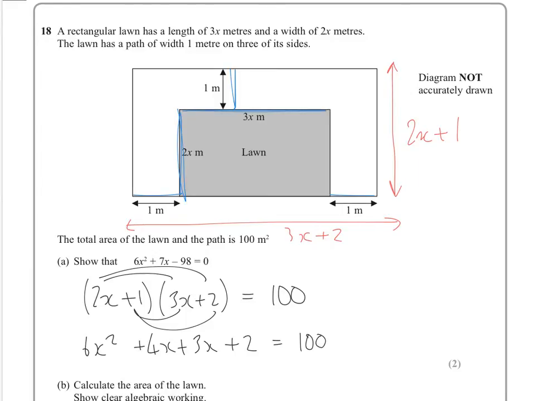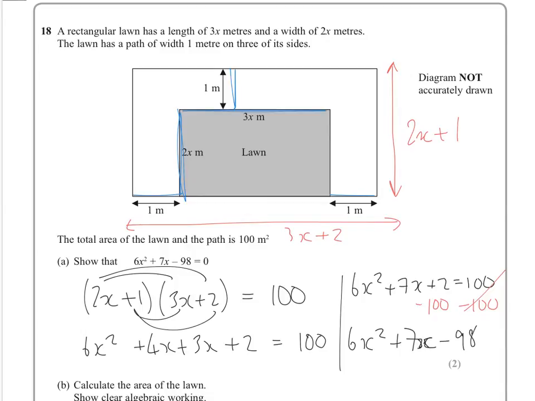Hence simplifying, which is going to give me 6x squared plus 7x plus 2 equals 100, taking away 100 from both sides, which gives me 6x squared plus 7x, 2 minus 100 is minus 98, equals 0.